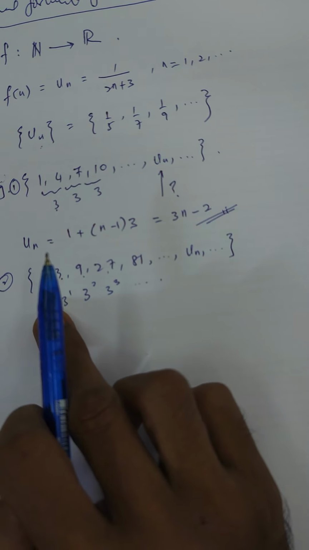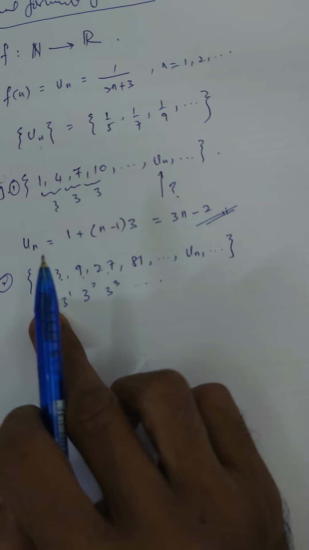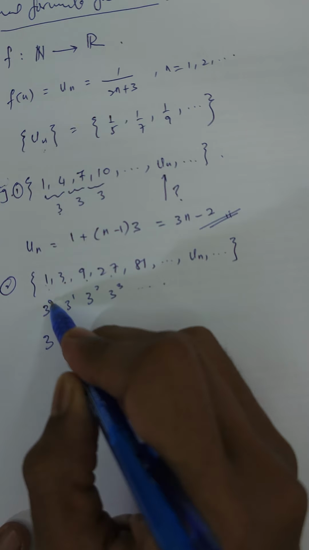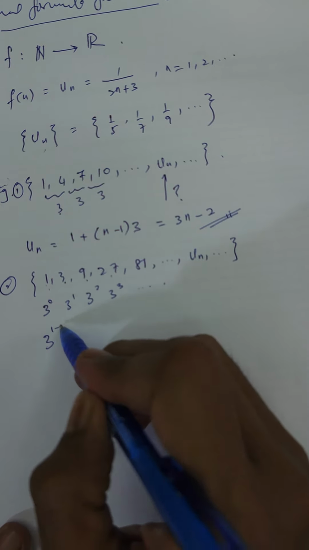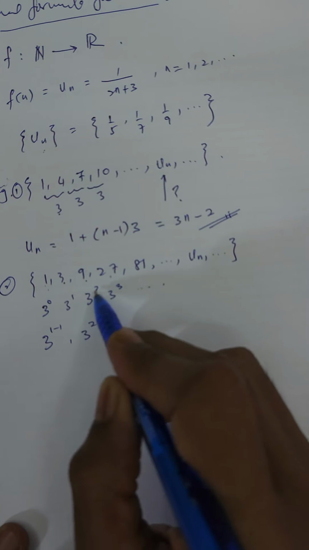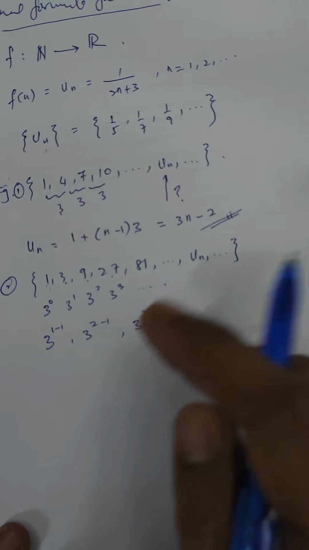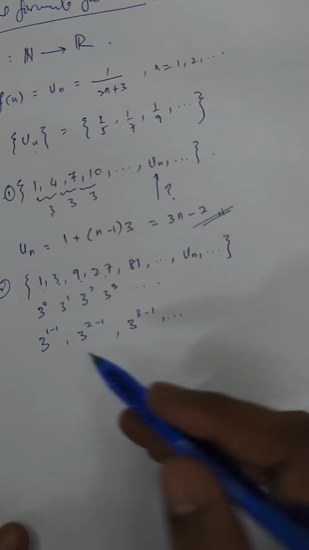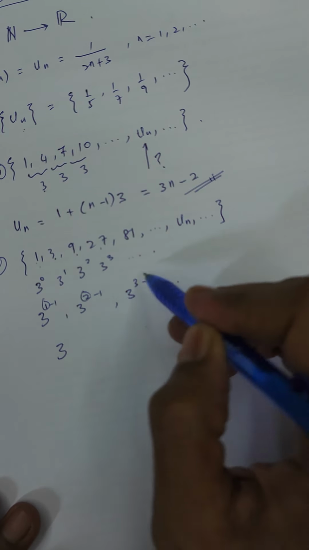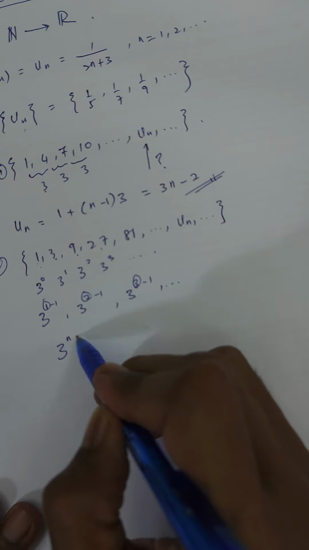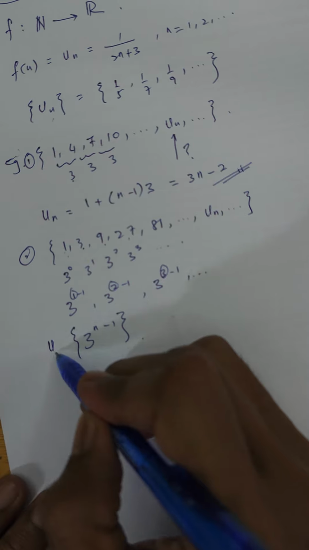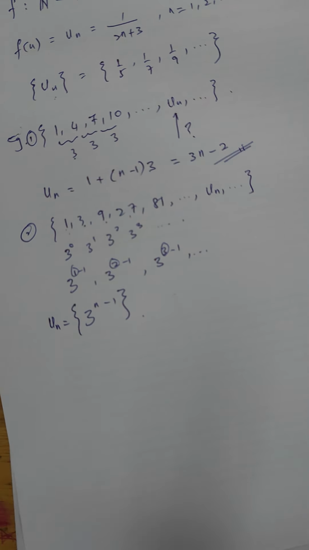But in a sequence we don't begin with 0. So what we can do is write the exponent 0 as 1 minus 1, then 2 minus 1, then 3 minus 1. Then you can find this by inspection. If you consider the first term as your n, then it gives you 3 to the power of n minus 1. So this is your n-th term.